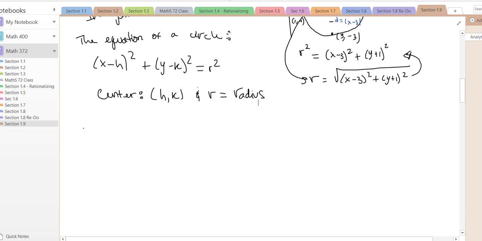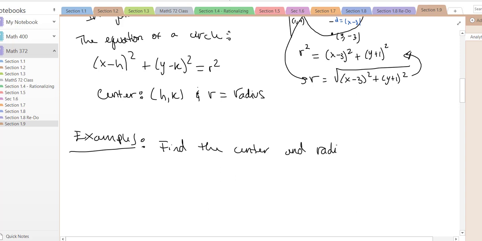So let's try some examples. Let's find the center and radius of the circles.